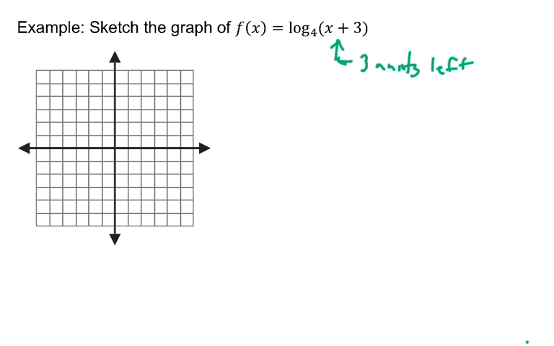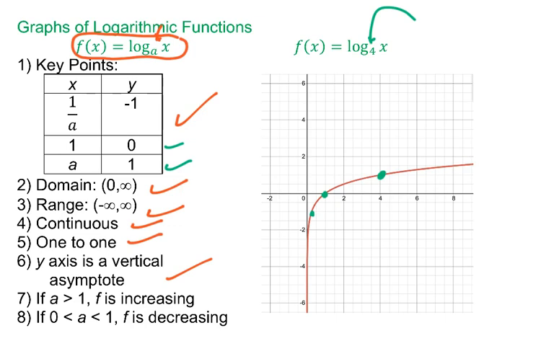Let's look first of all at that underlying basic function that is going to be most similar to this, logarithm base 4 of x. Think specifically about the key points that are going to be on it. So looking back a slide, we know that the point 1 over a comma negative 1 will be one of them.